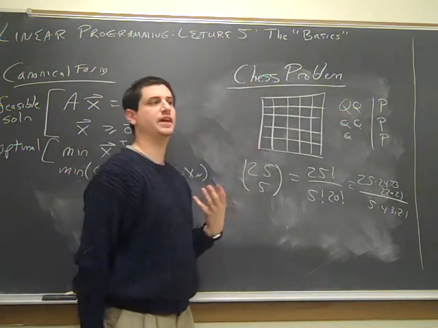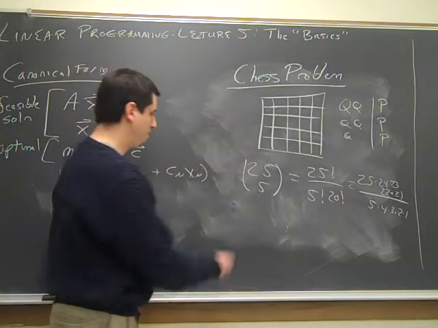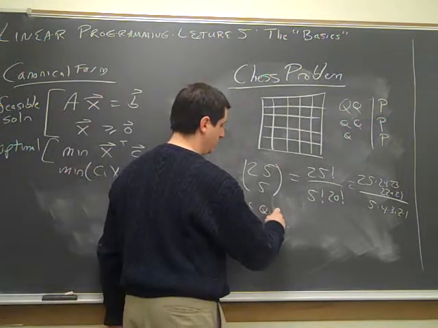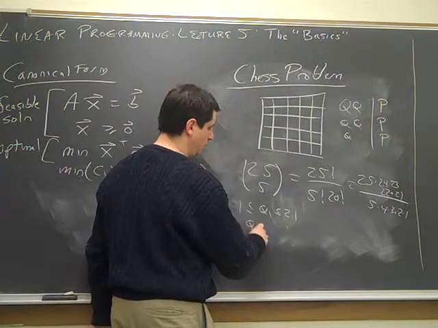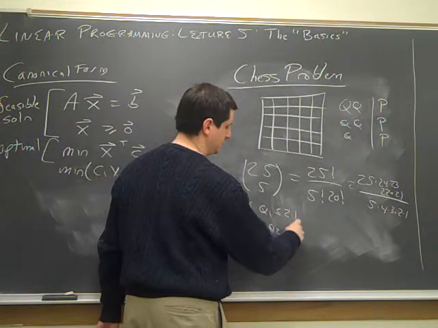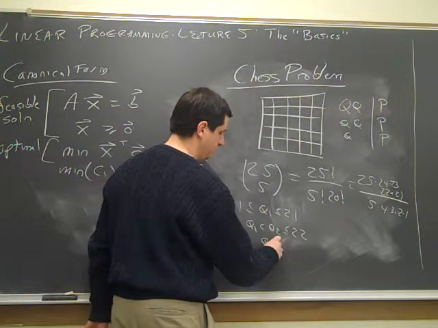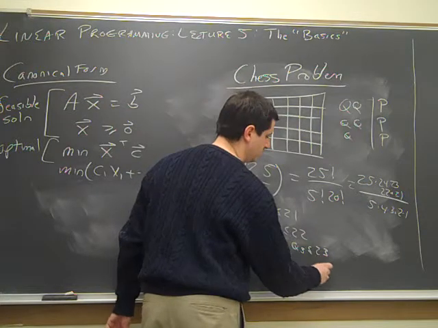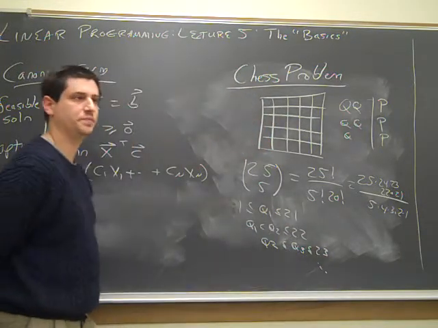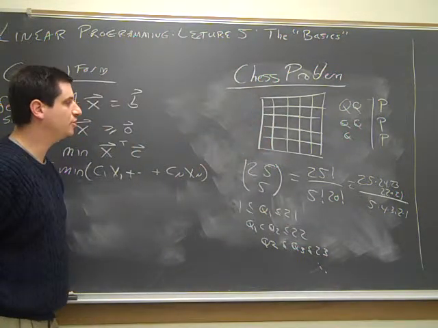And if you do the coding like that, it's not so bad. So maybe 1 less than or equal to Q1 less than or equal to 21, Q1 less than Q2 less than or equal to 22, Q2 less than Q3 less than or equal to 23. Something like that. So this is one way to go about the problem.